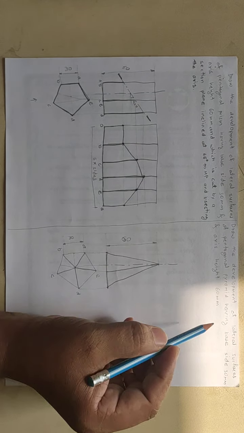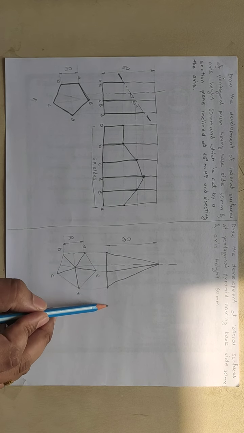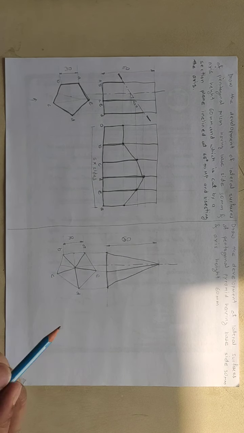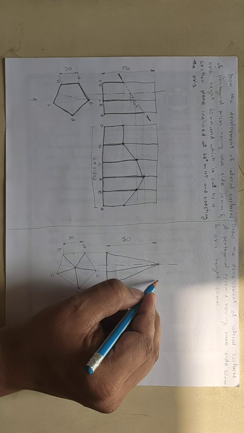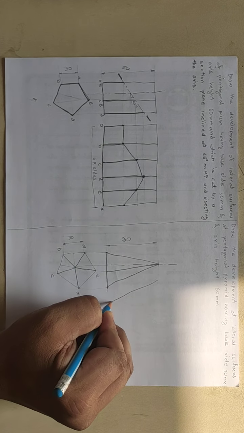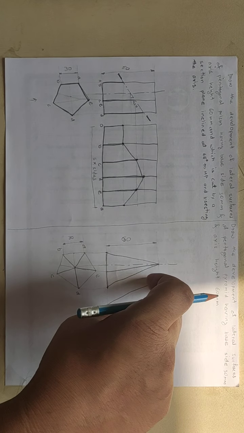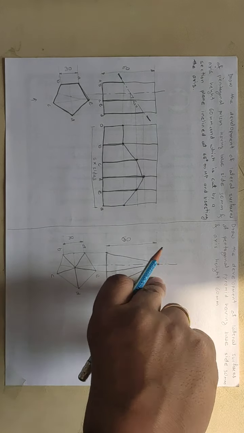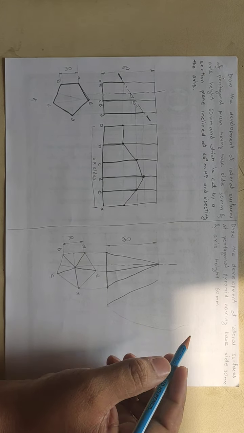Now, how can we do the development? Draw a line parallel to this, and draw a line passing through this base. Then draw a line parallel to this slant line, like this. Then, keeping this point as center and this much as radius, we draw an arc, a light one, isn't it?